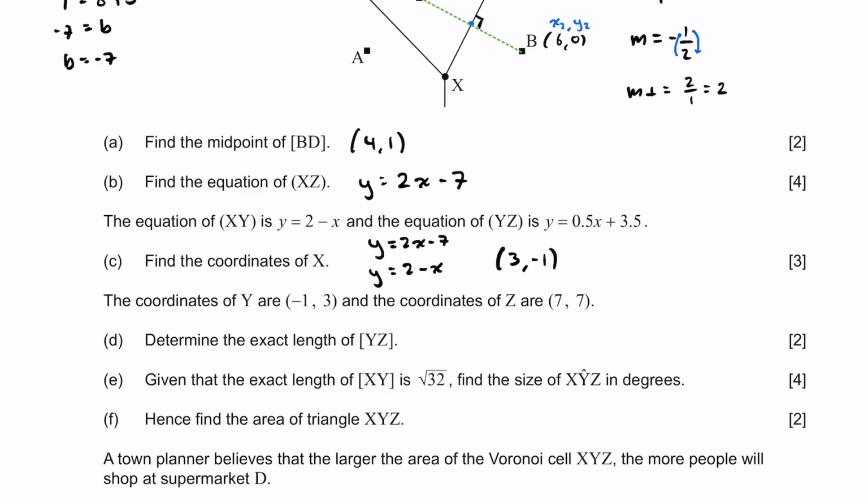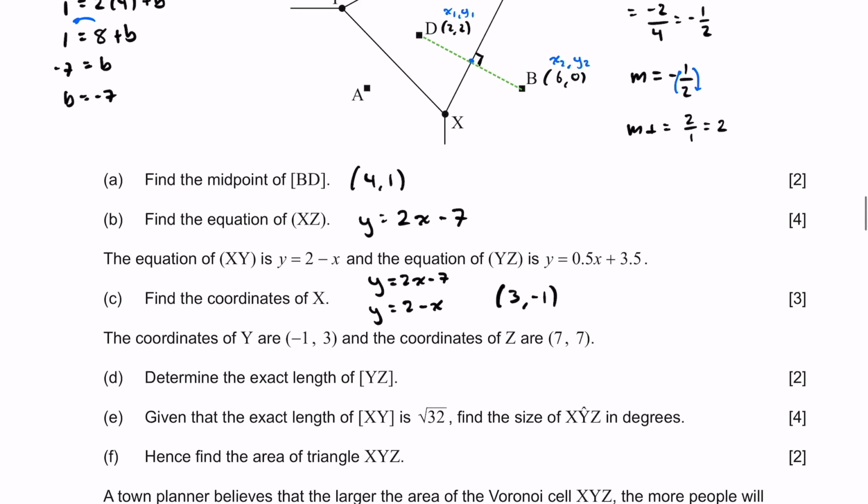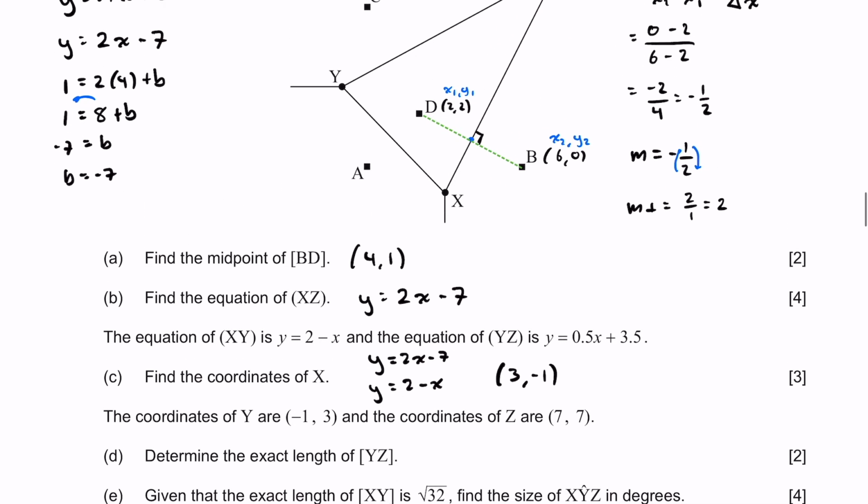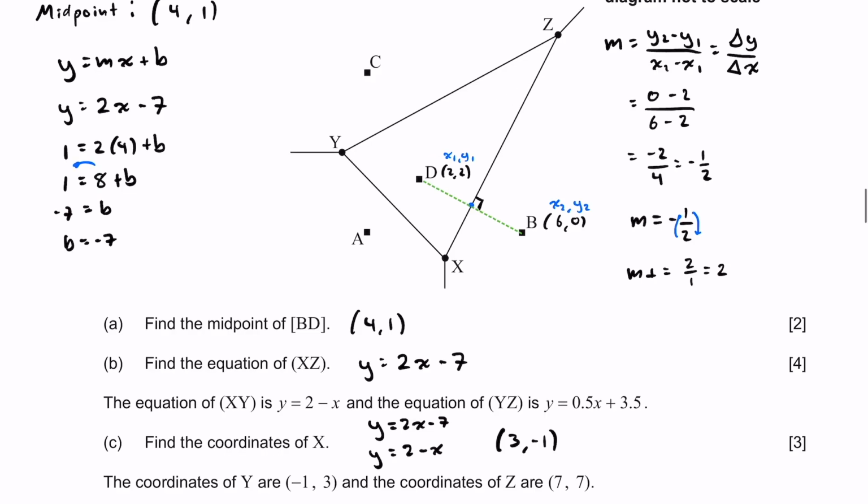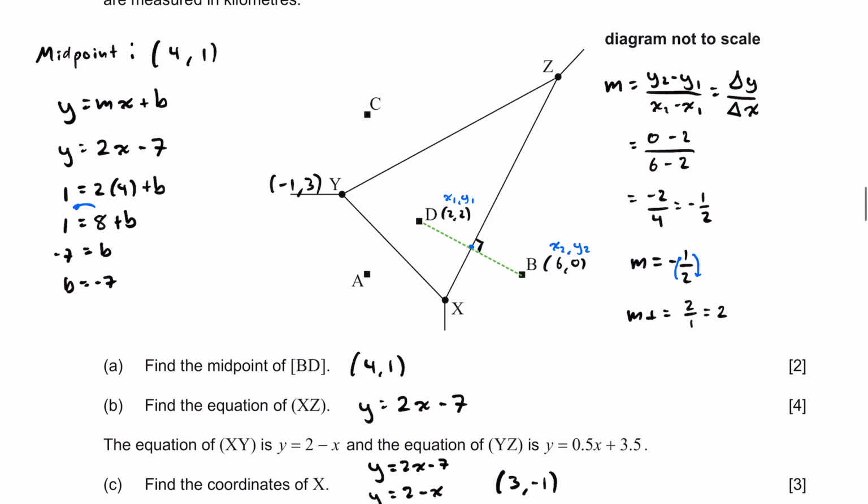So let me just put this. Y is -1, 3, and Z is equal to 7, 7.